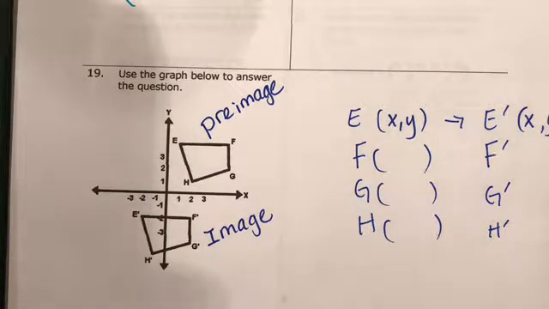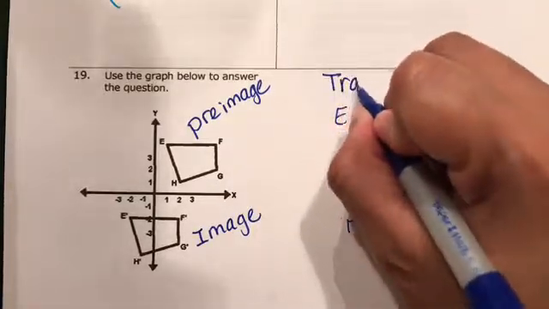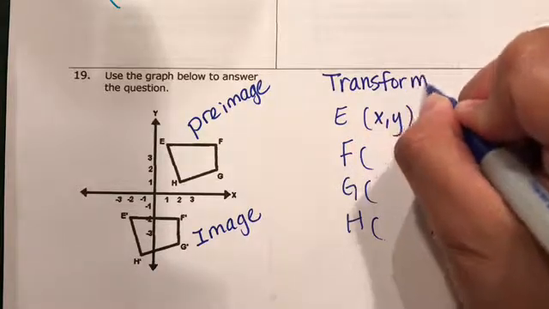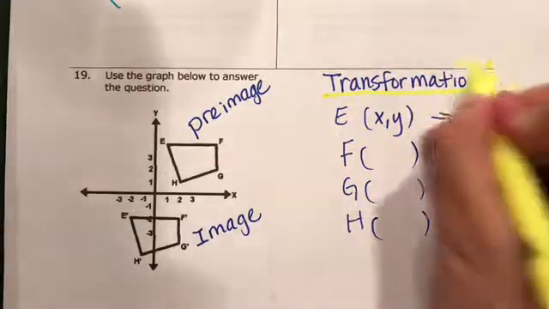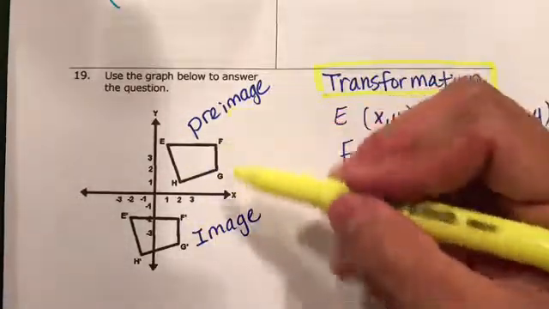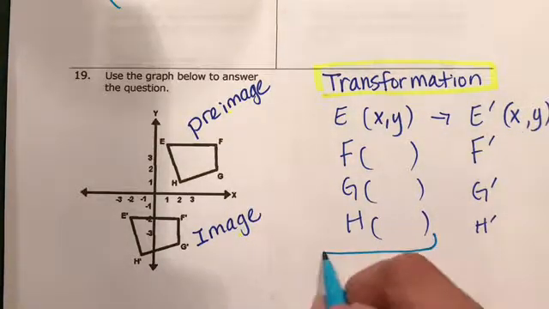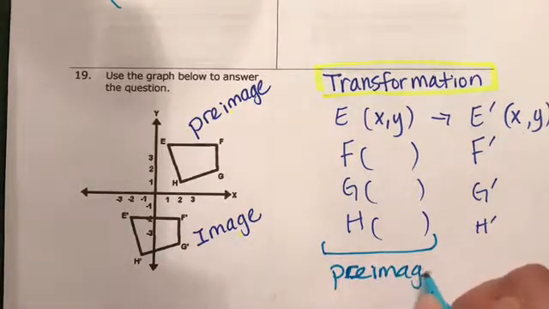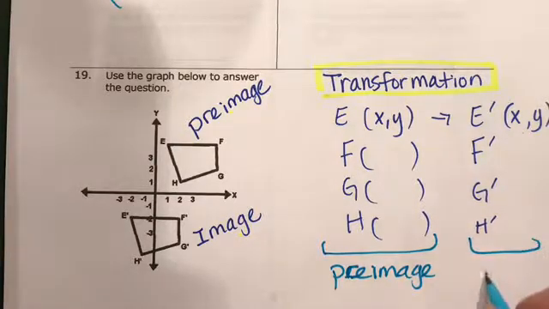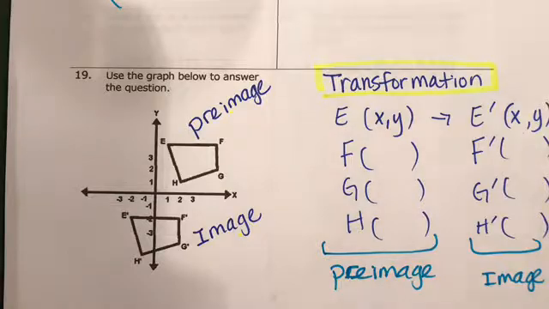And that's going to give you your transformation. That's what we're looking for here. So this is the pre-image, and then it becomes the image. So again, pre-image, P-R-E, and then image. Okay? And you want to look at the ordered pairs for all of these.